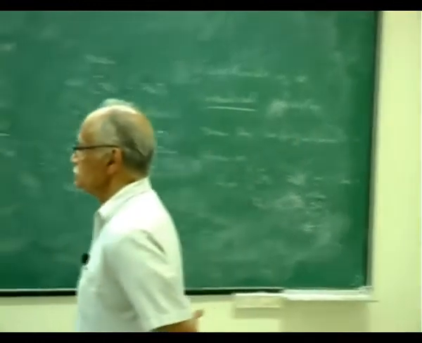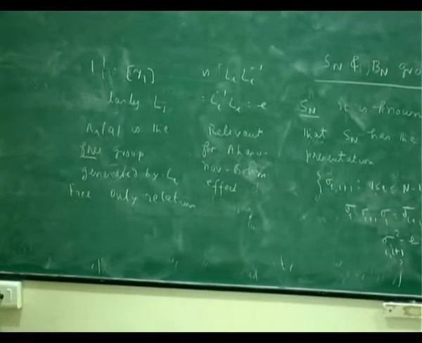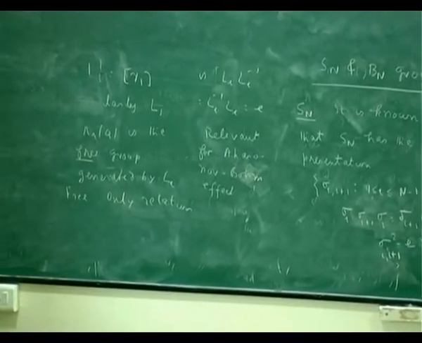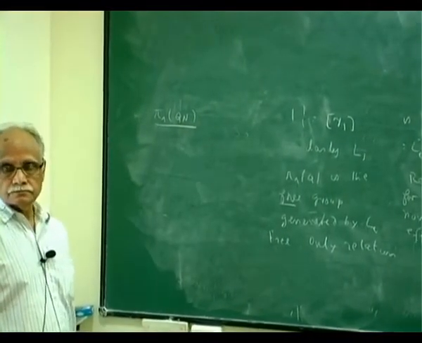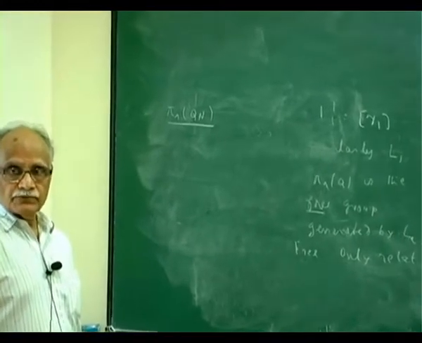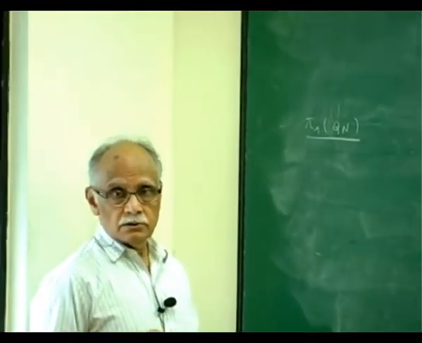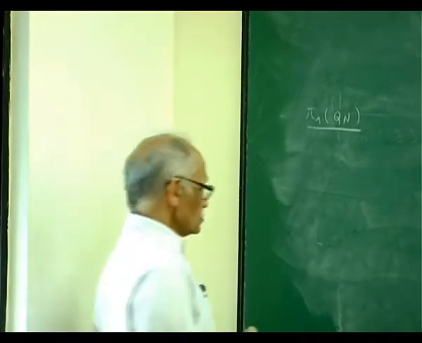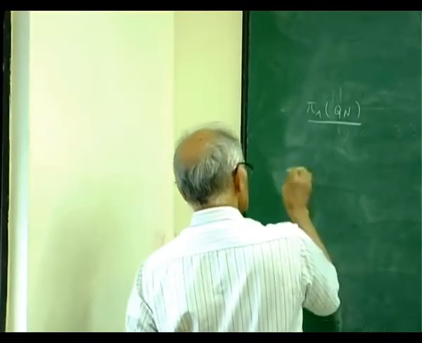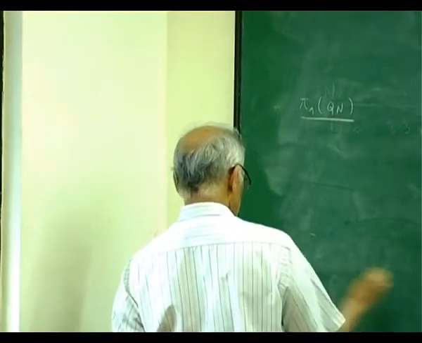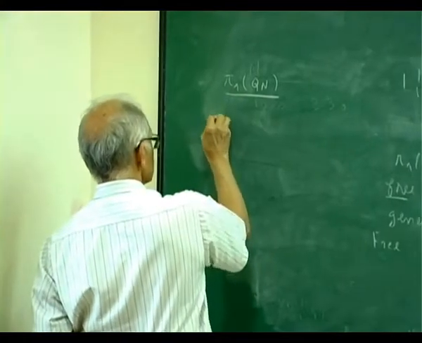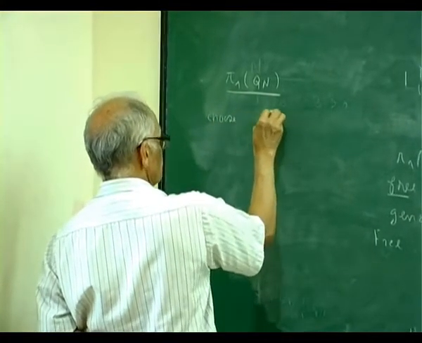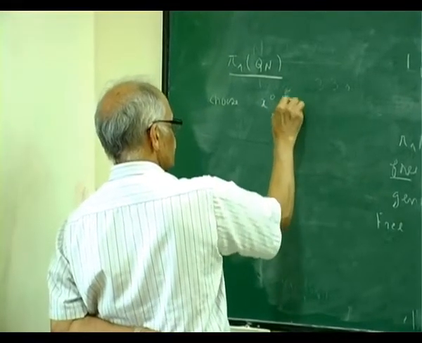Now, I want to compute the fundamental group of Qn. I am thinking of this whole thing as 3 dimensions, 3 or higher. So we choose some fiducial points, call it x0, and this is this unordered set.